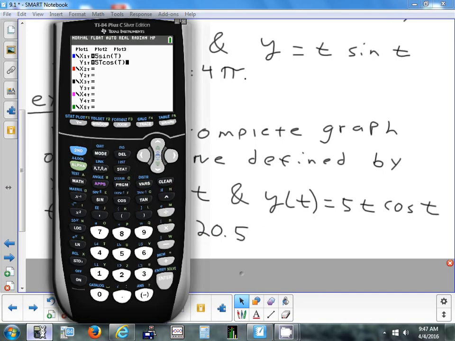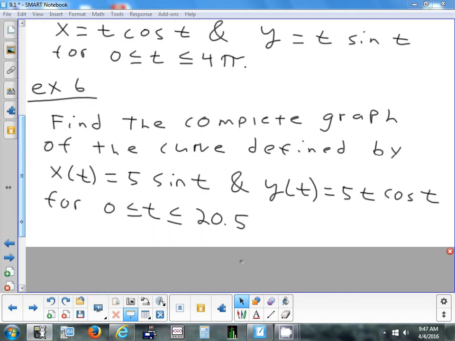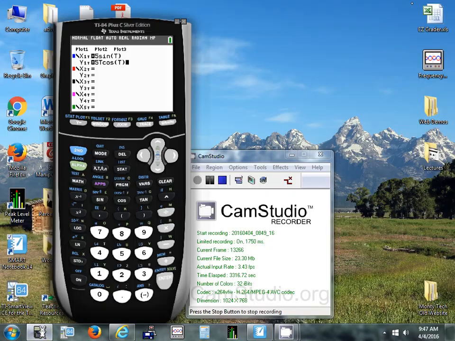Now, what's the highest value for my parameter here? 20.5. Okay, so I'm going to set it from 0 up to 20.5.